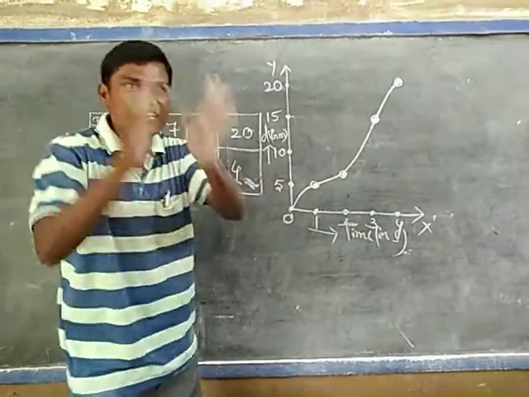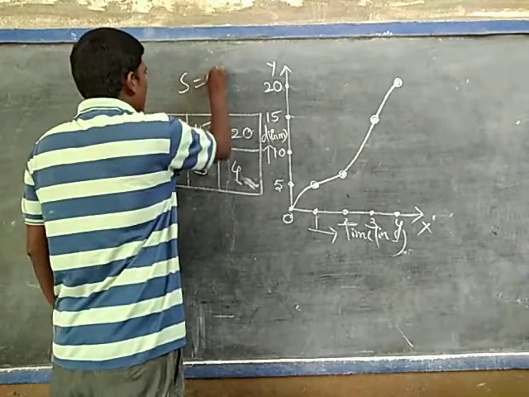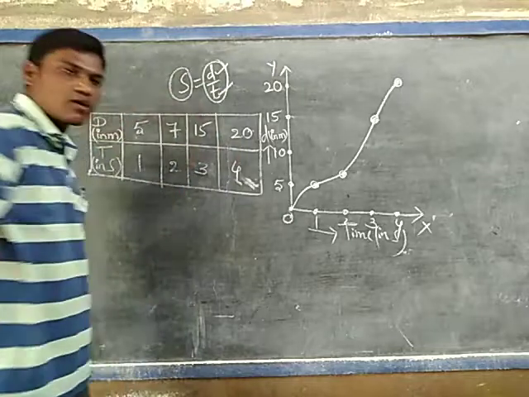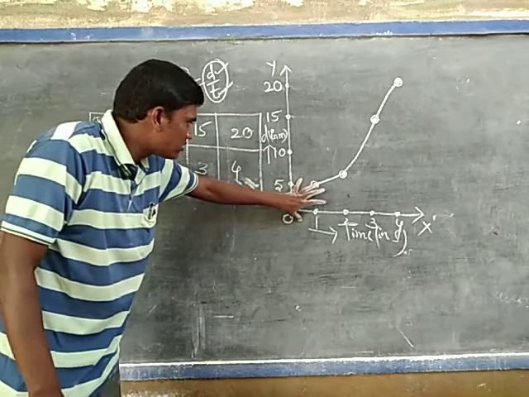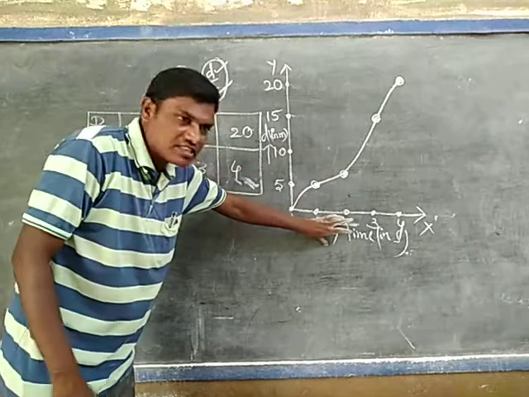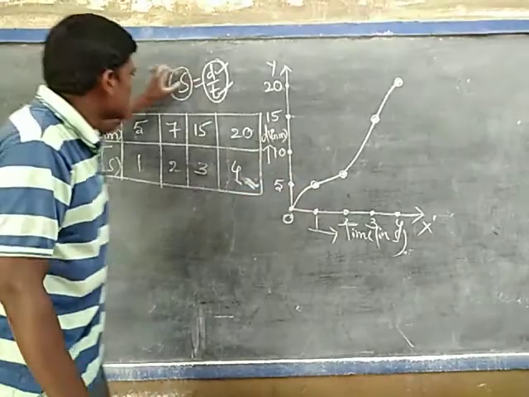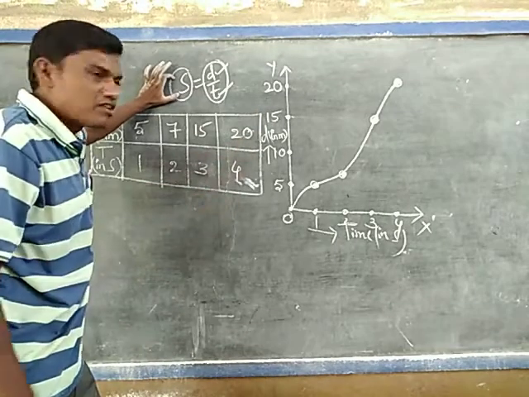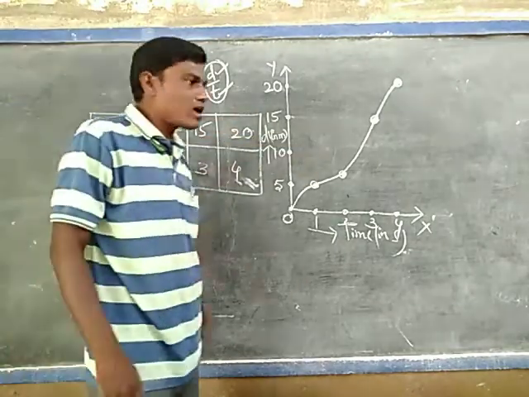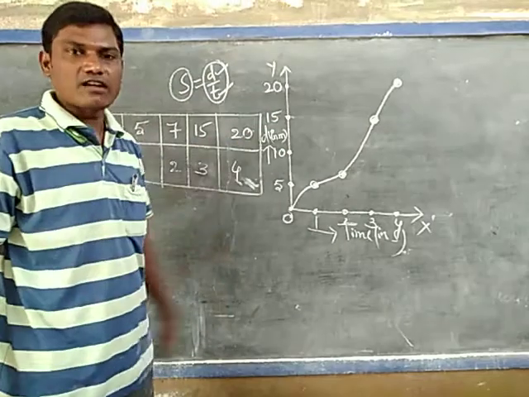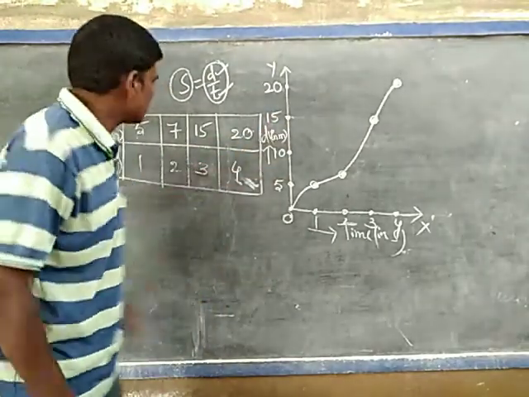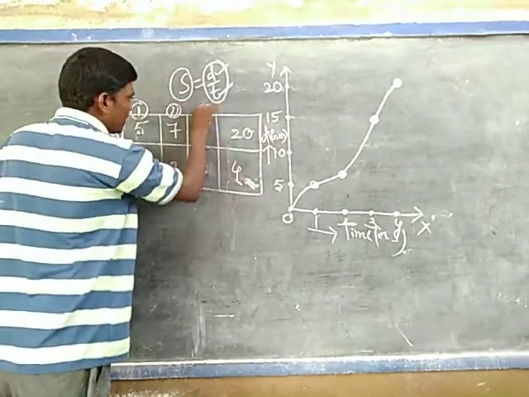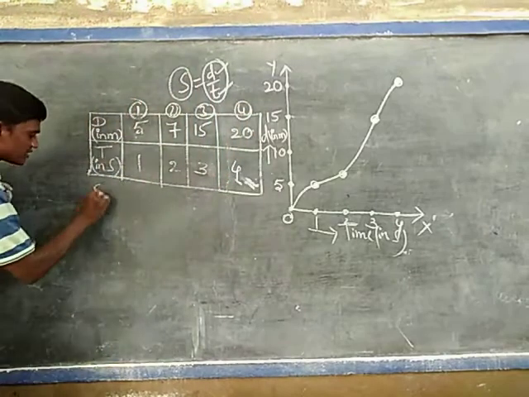The speed is not constant, because speed is nothing but distance by time. The ratio of distance and time gives which physical quantity? Speed. From this graph, distance and time are there, and with the help of the slope of the graph also we can find that speed is not constant. Speed is different. In this one, this is the first case, second, third, fourth.